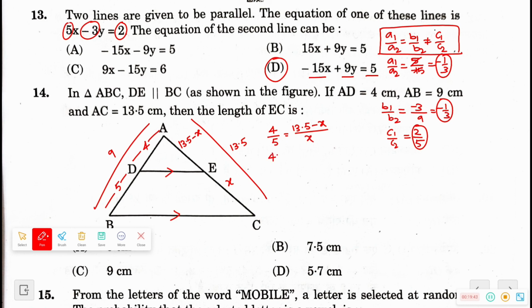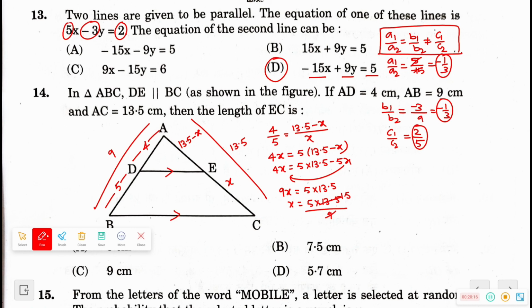Cross multiplication, 4x is equal to 5 into (13.5 minus x). Then 4x is equal to 5 into 13.5 minus 5x. Transpose minus 5x here, we get 9x is equal to 5 into 13.5. x is equal to 5 into 13.5 by 9. 9 ones are 9, 9 1.5s are 13.5.